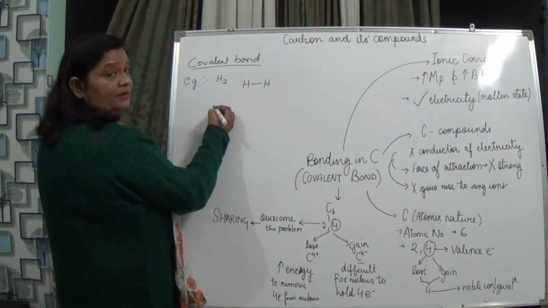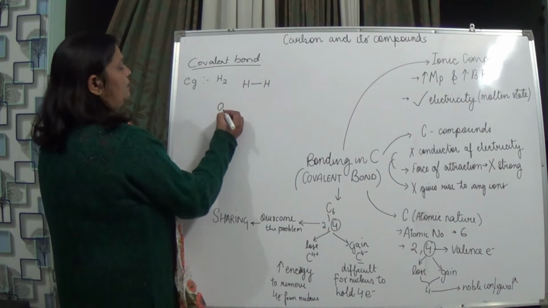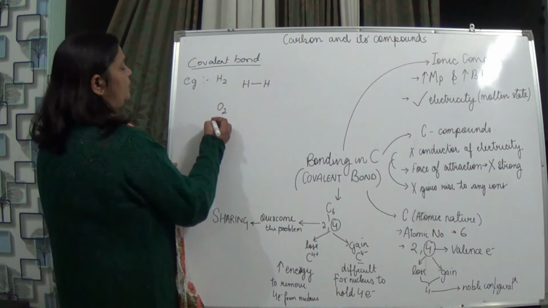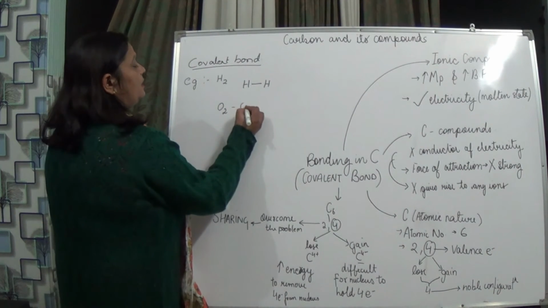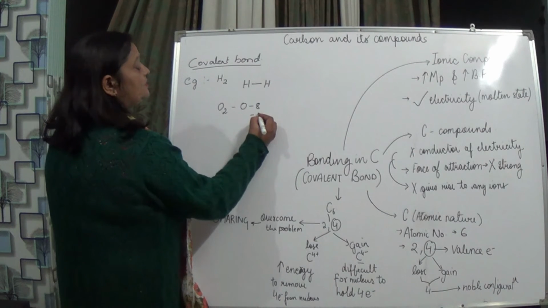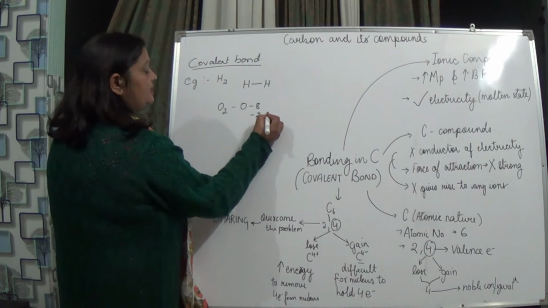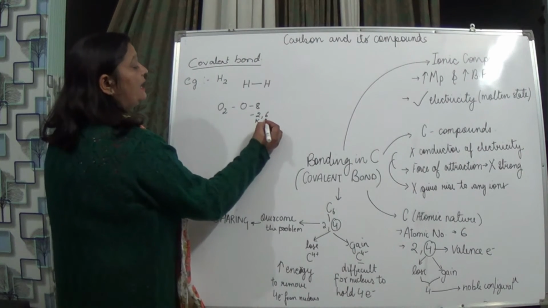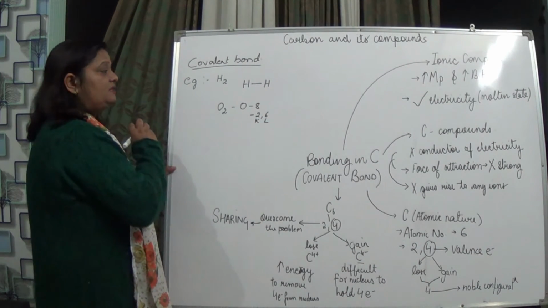Now coming to the double covalent bond. Take the example of O2. Oxygen's atomic number is 8, so its configuration becomes 2 and 6. The K shell consists of 2 electrons and the L shell consists of 6 electrons.